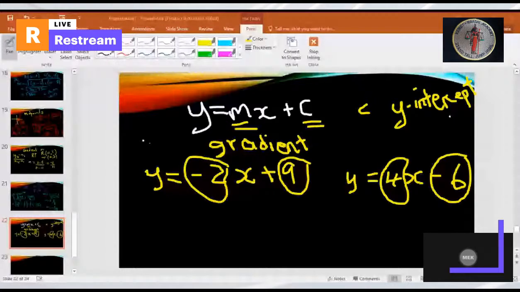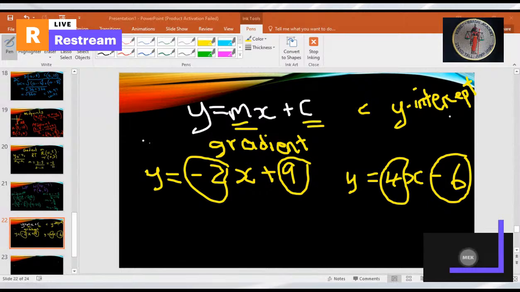All right, what I think I'm going to do is we're going to have another session, another time, and go deeper into the equation of the straight line, as well as look at parallel and perpendicular lines, what we can tell knowing their gradients, how we compare their gradients, and finding solutions for problems relating to parallel and perpendicular lines.